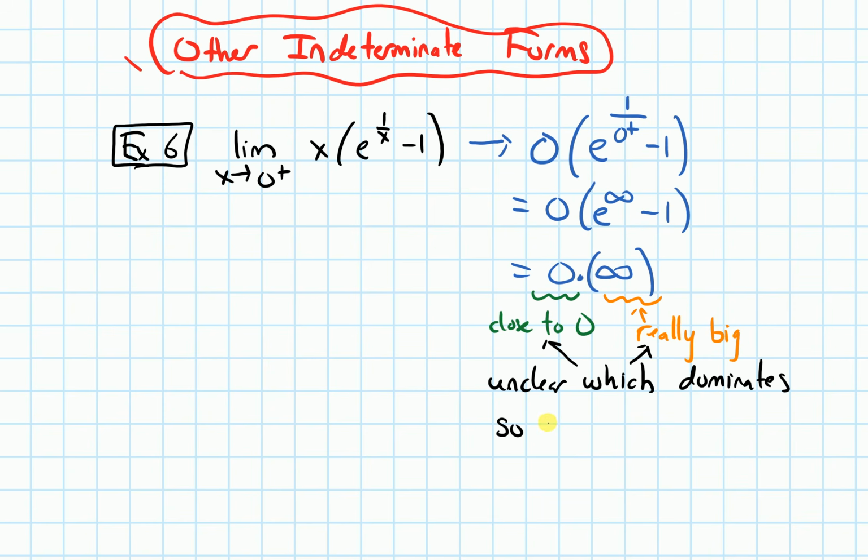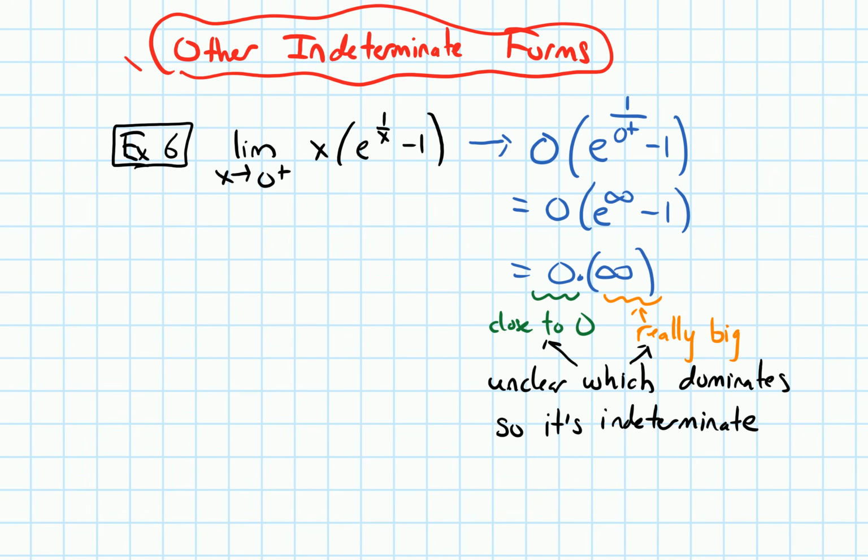As a result, it's indeterminate. That is the conceptual reason why 0 times infinity is an indeterminate form. The question is whether the first part is getting close to 0 faster than the other part is getting really, really big.